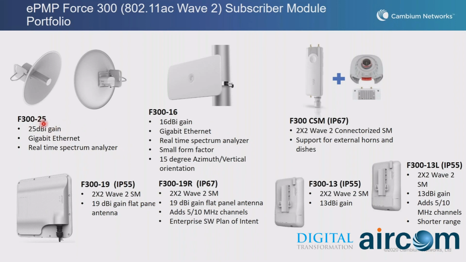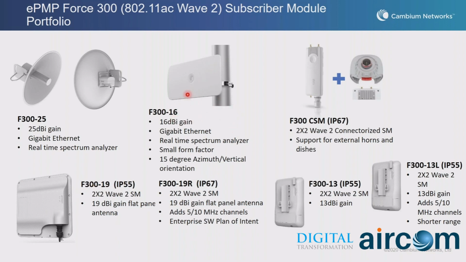And what we did was to make the antenna gain obvious in the naming. For instance, you have FOS 300-25. That means that the FOS 300-25 has an antenna gain of 25 dBi. FOS 319 means that it has an antenna gain of 19 dBi. FOS 316, same thing, antenna gain of 16 dBi.